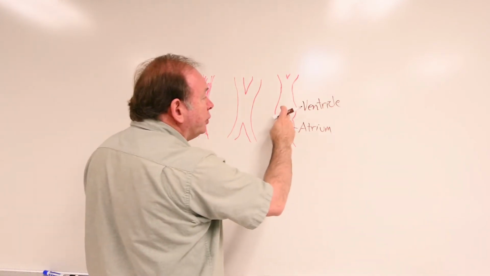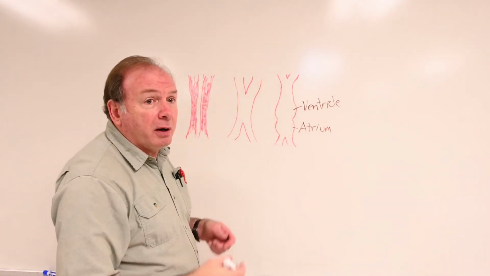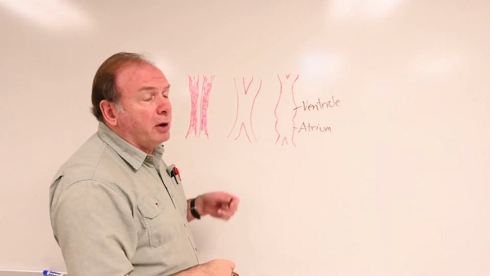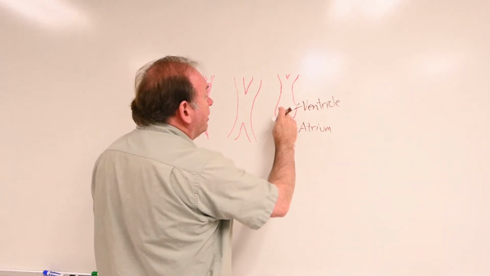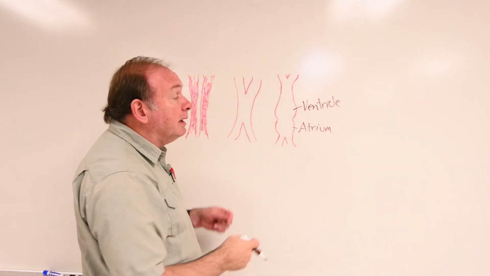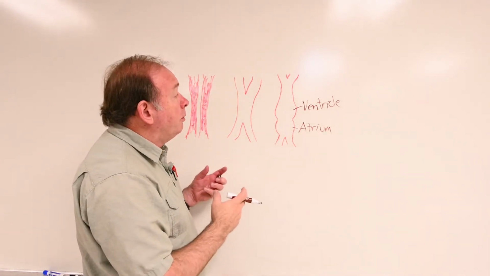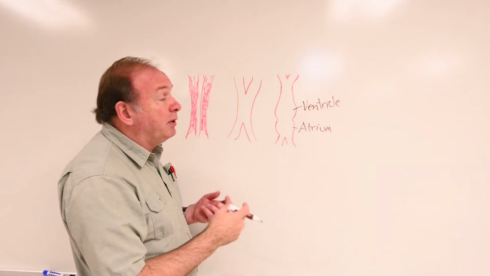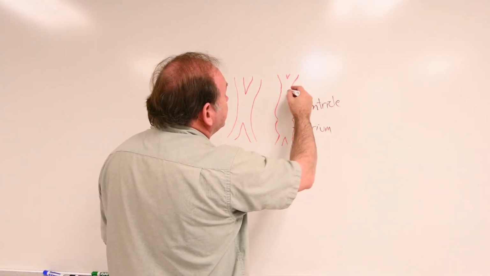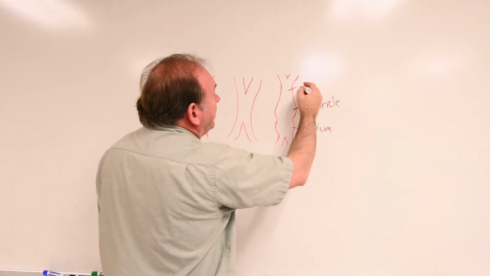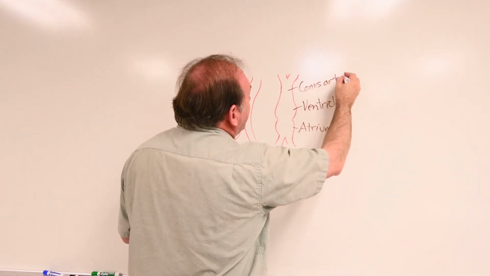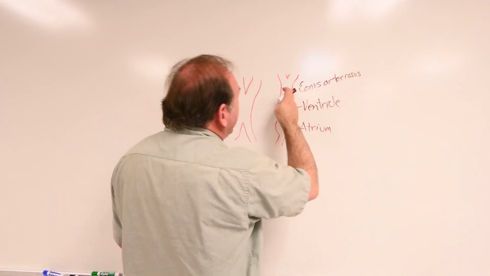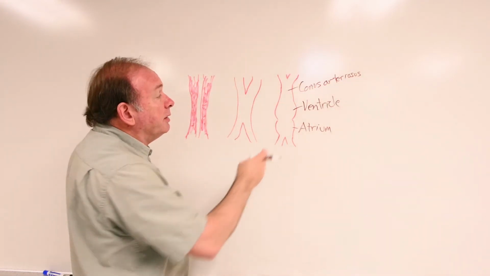Now, these are the two primary chambers of the heart. When we talk about a two-chambered heart, or a three-chambered heart, or a four-chambered heart, we're talking about numbers of atria and ventricles combined. In these more primitive organisms, like some of the fish, we have a segment in front of the ventricle up here called the conus arteriosus. That leads into those other arteries.